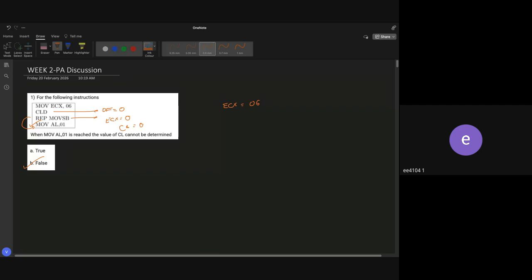So it will repeat until ECX equals 0. If we know that it moves to the next line of the code, we know that CL is equal to 0.